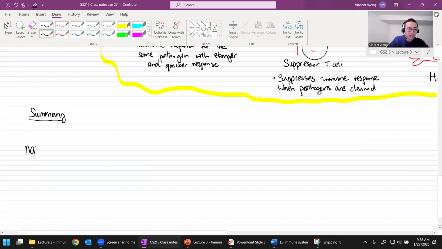Basically, you have naive T cells and you need to activate them. Okay. So what cell is necessary to activate a naive T cell? What is the name of the cell that will go choose the naive T cell to clone themselves?